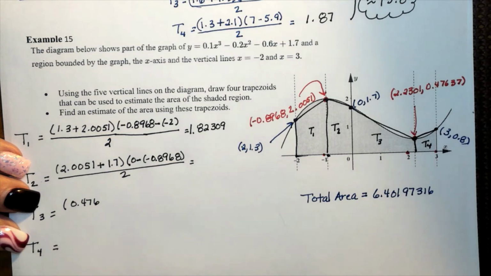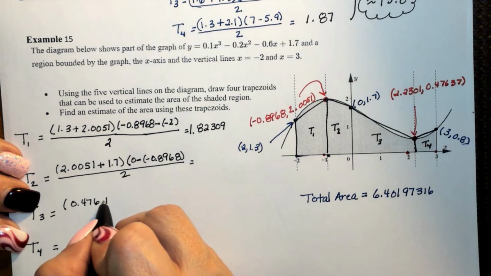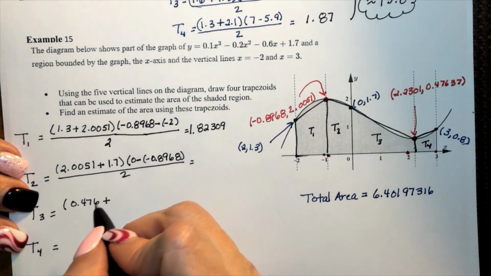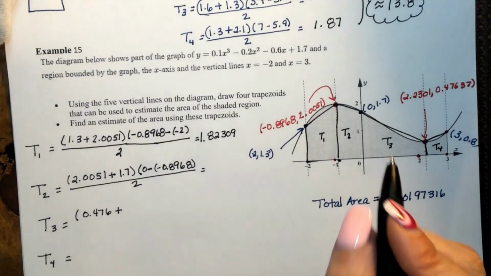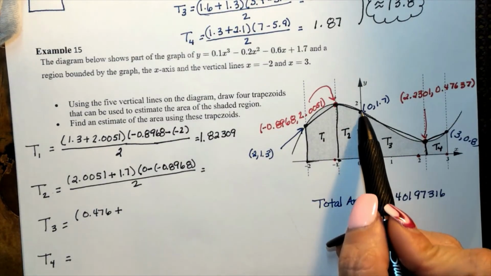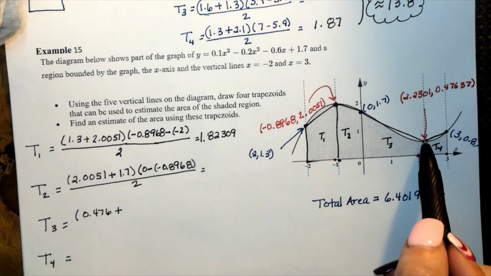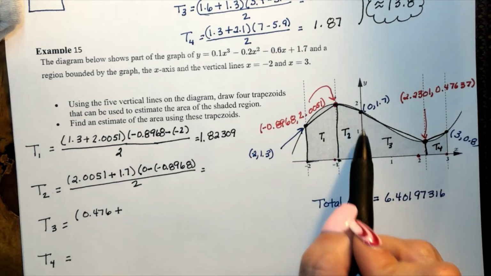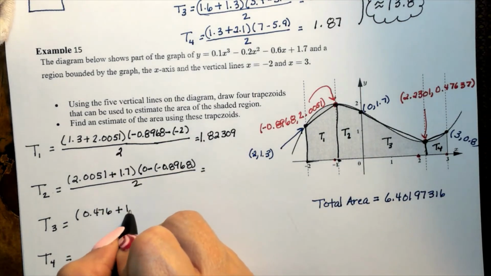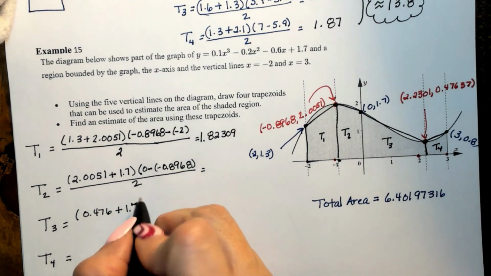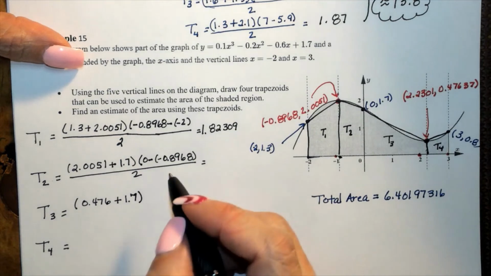I'm looking at my notes. Where did I get that? Oh, that one, this side. I should have put that. Oh no, that's right. I was like, wait, what? This is 3. So 3 would be 1.7 plus 0.47. I should have put this 1.7 first, y'all. I just didn't on that one. I was looking at a different one on my paper when I was doing that one.